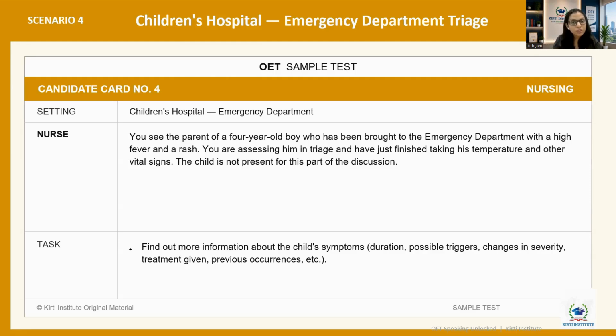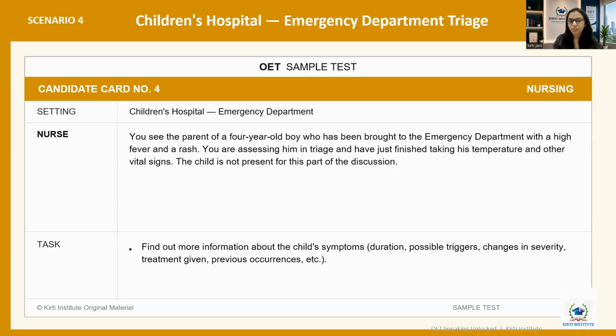You have introduced each other, you have asked some questions already, and you have taken the vital signs. And from this point, you need to begin the role play. So you are beginning the role play from the midway. Okay? The child is not present for this part of the discussion.